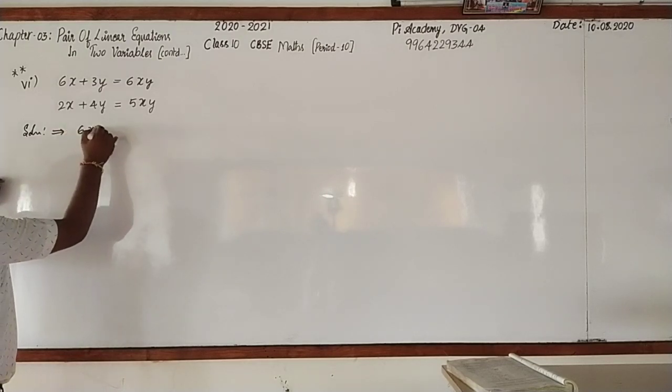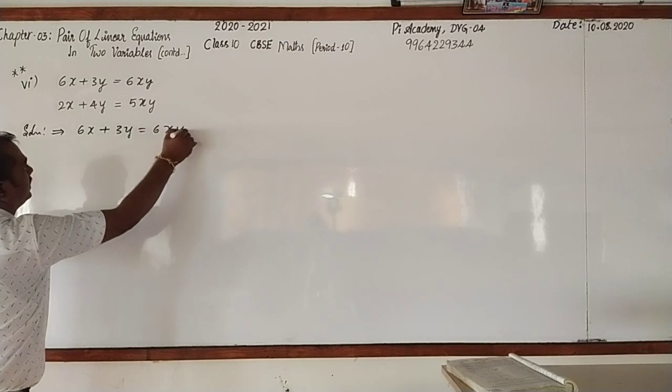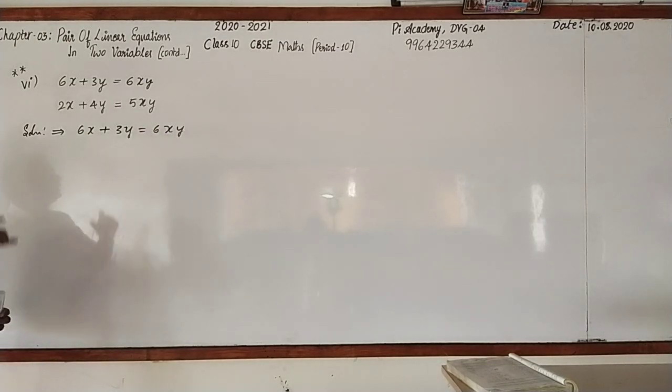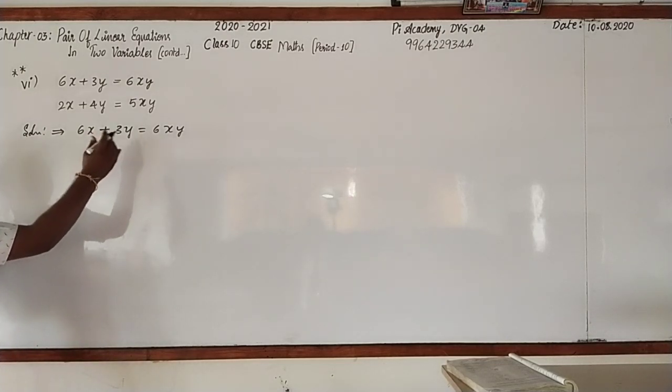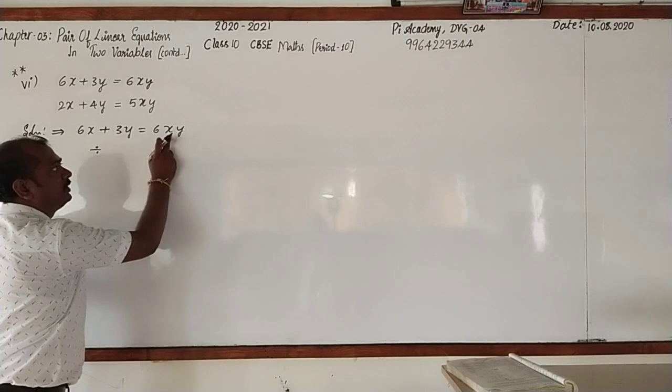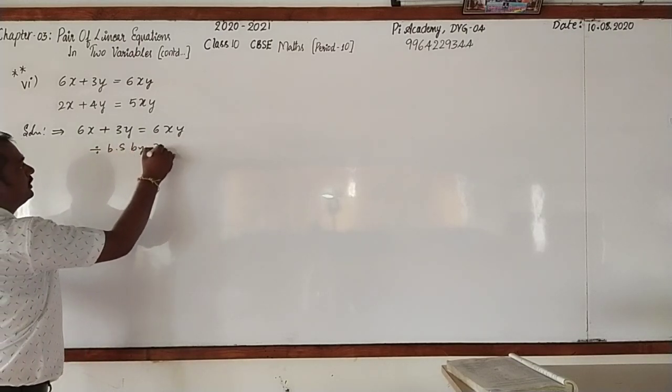Let us go for taking the equations one by one. 6x plus 3y equal to 6xy. We need to take constant in the RHS. Then what should be done? Yes, let us divide both sides by xy.